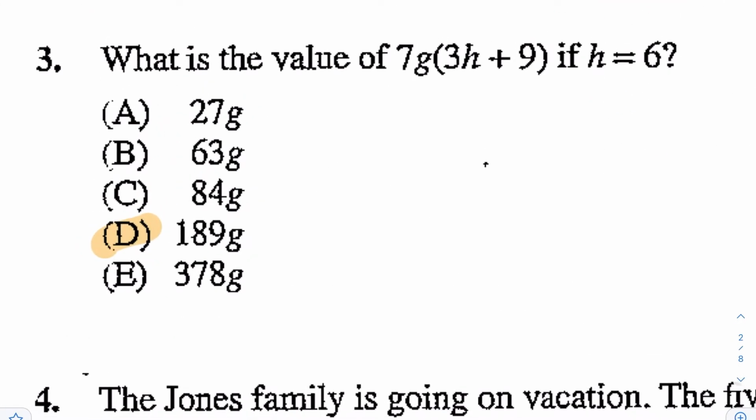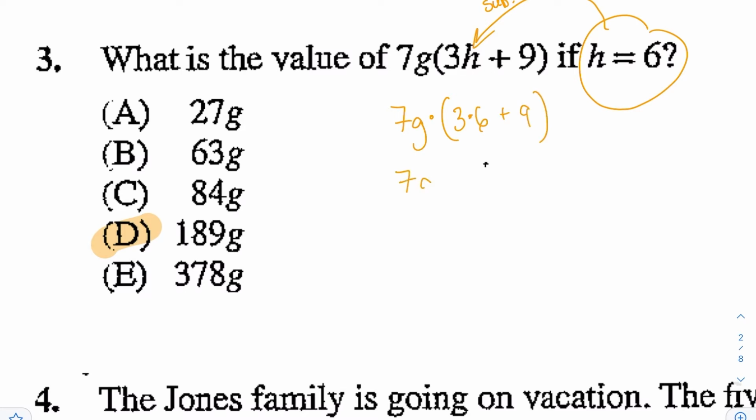All right, next for number 3, what is the value of 7g times 3h plus 9 if h is equal to 6? So you just replace h with 6, and substitute the variable h with 6. So you would have 7g times, instead of 3h, you'll have 3 times 6 plus 9.